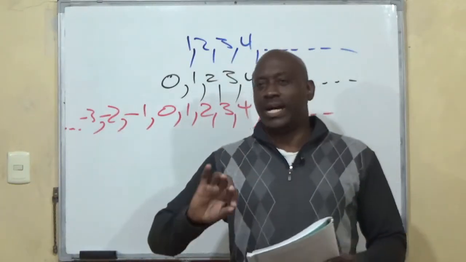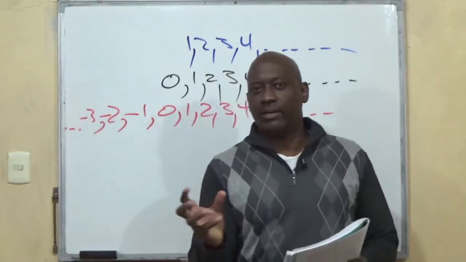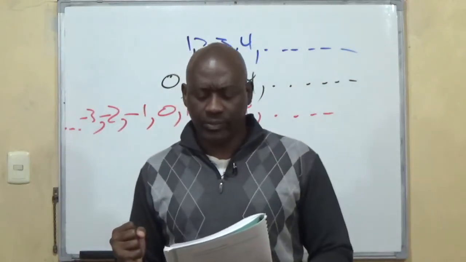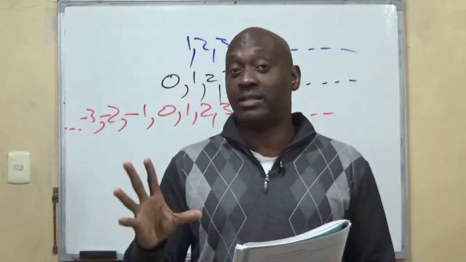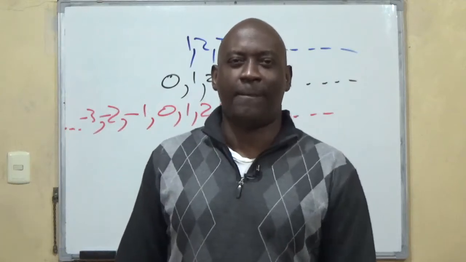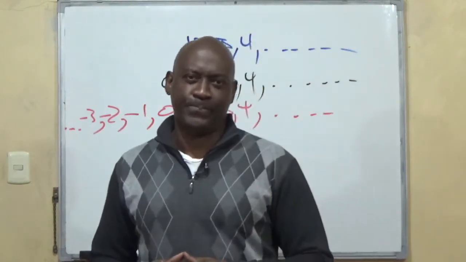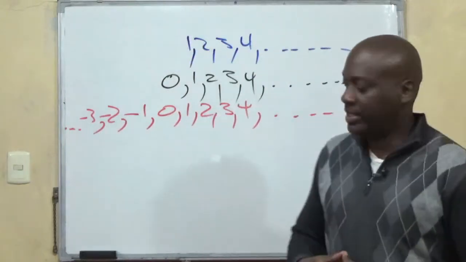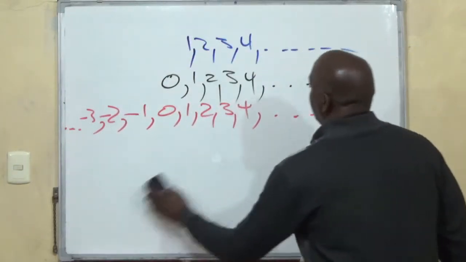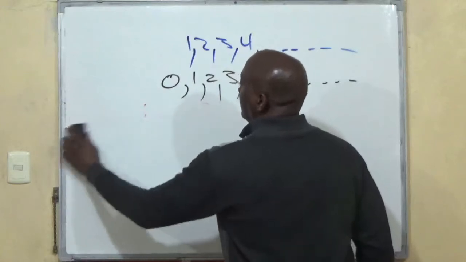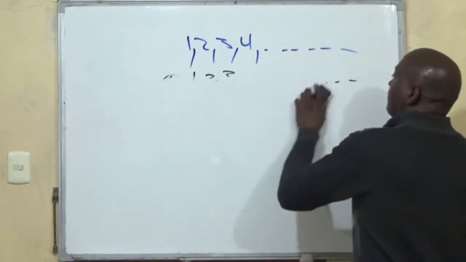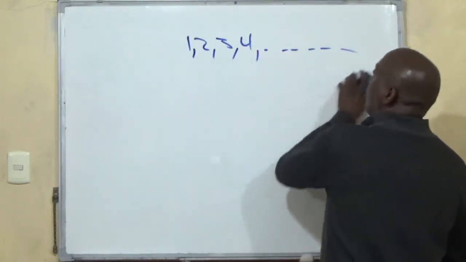All right. So let us now go to a different category of numbers. We have rational numbers and we have irrational numbers. All right. So let me slow down the movement a little bit now. Let me start by talking about rational numbers.